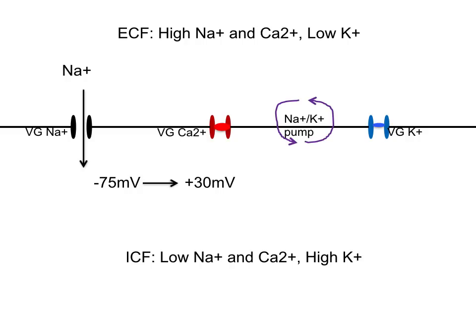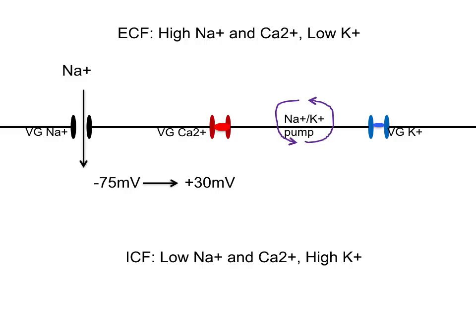Now you need to remember that sodium has a positive electrical charge. And if you start adding positive sodium ions to a negative interior, you're going to start to make that interior less negative. In fact, you're going to have such a rapid inflow of sodium that you're going to depolarize quite quickly to positive 30 millivolts.